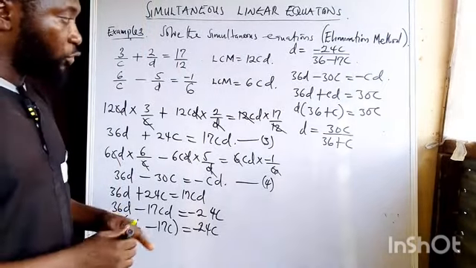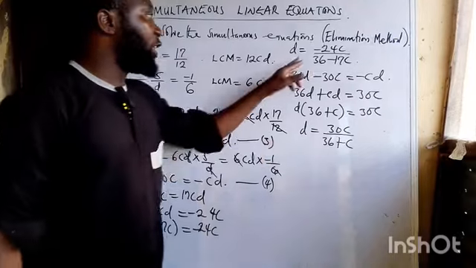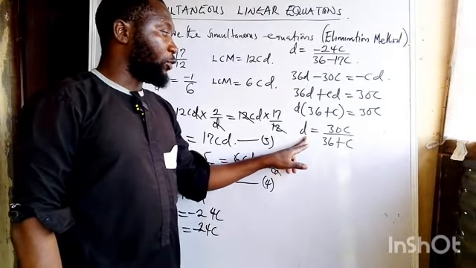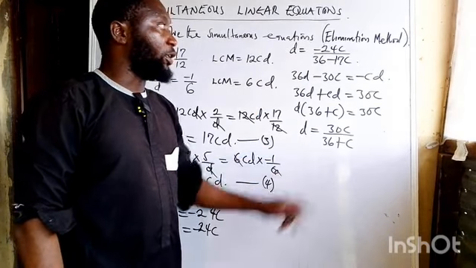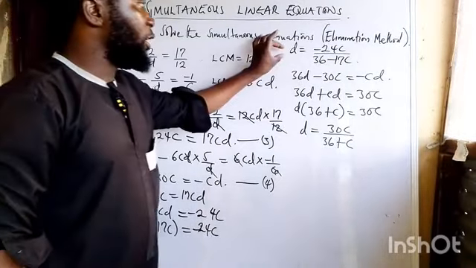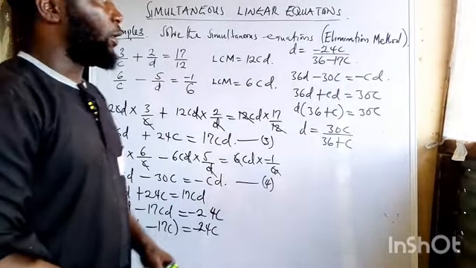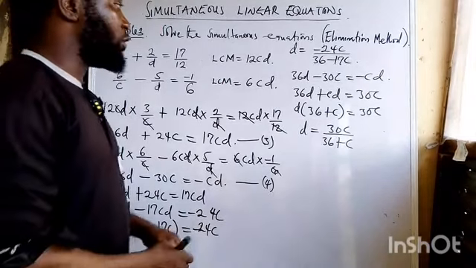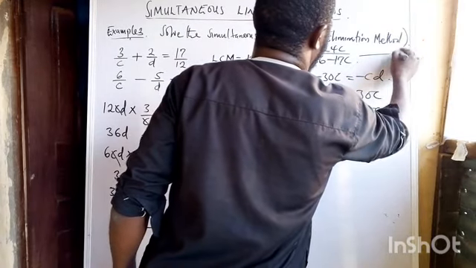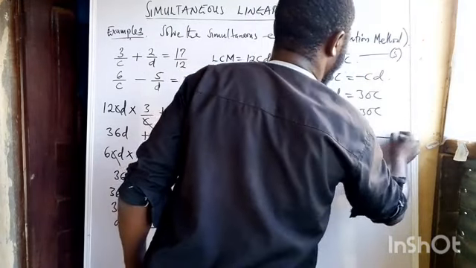Now what do we need to do again? Since D equals this in the third equation, and D equals this in the fourth equation, meaning the two are equal, automatically they are the same. So now you equate these two equations. Let's call this equation 5 and 6 now.